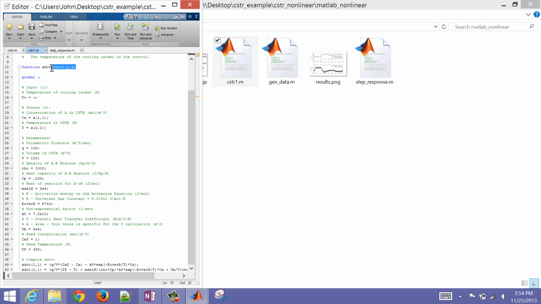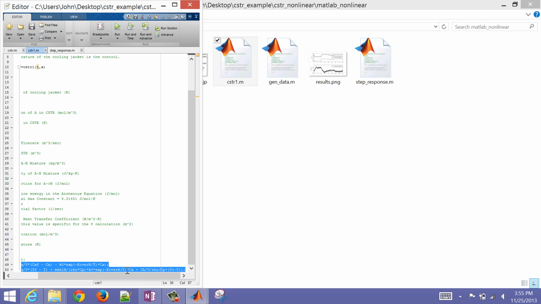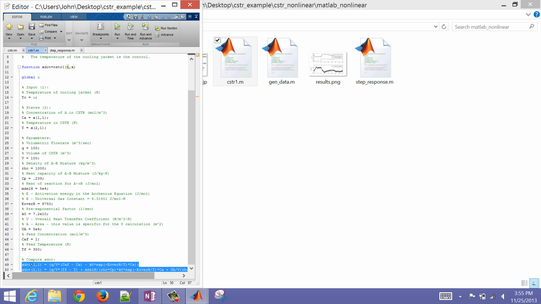And then what we need to return is a function that returns the derivative values as you change the states x. Here are our two equations that we just wrote, and those two equations will return the derivative values. x dot 1 is for the concentration of A, and x dot 2 is for temperature.